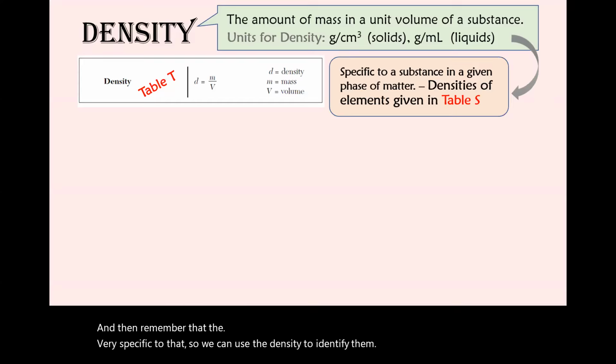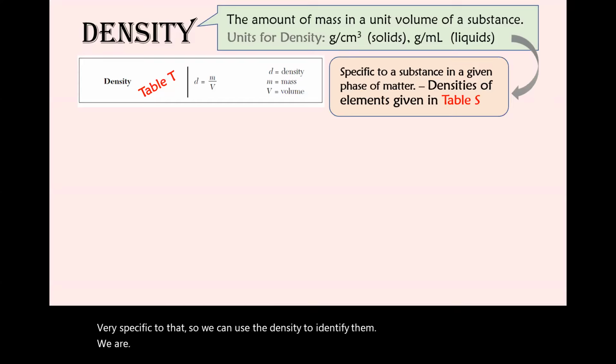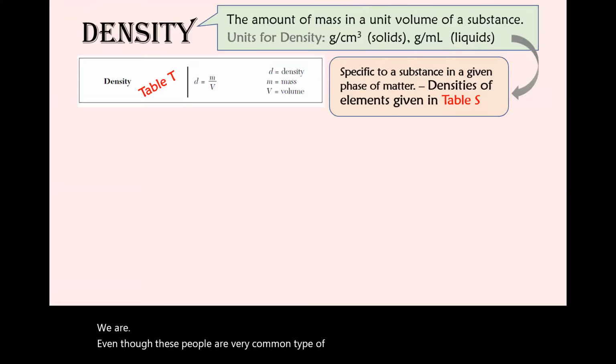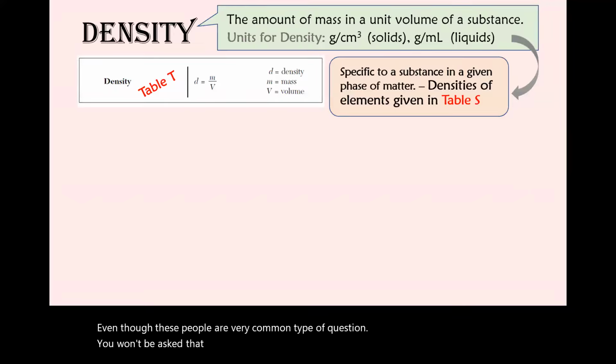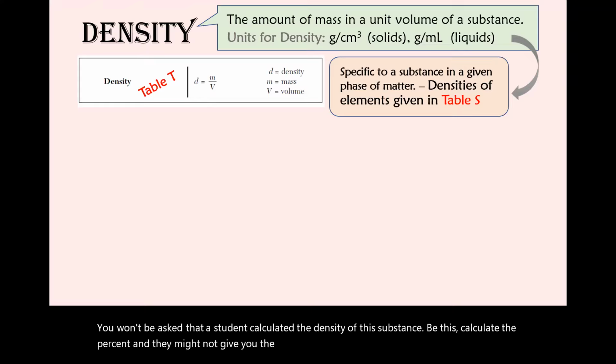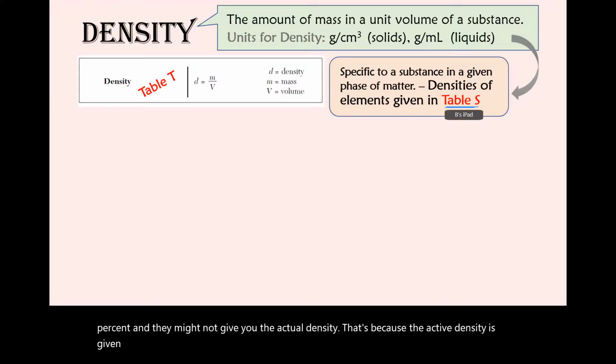We are given the densities of different elements in Table S. This is a very common type of question that you can get: you might be asked that a student calculated the density of this substance to be this, calculate the percent error. And they might not give you the actual density. That's because the actual density is given in Table S. So you're going to have to go to Table S to find the actual density.